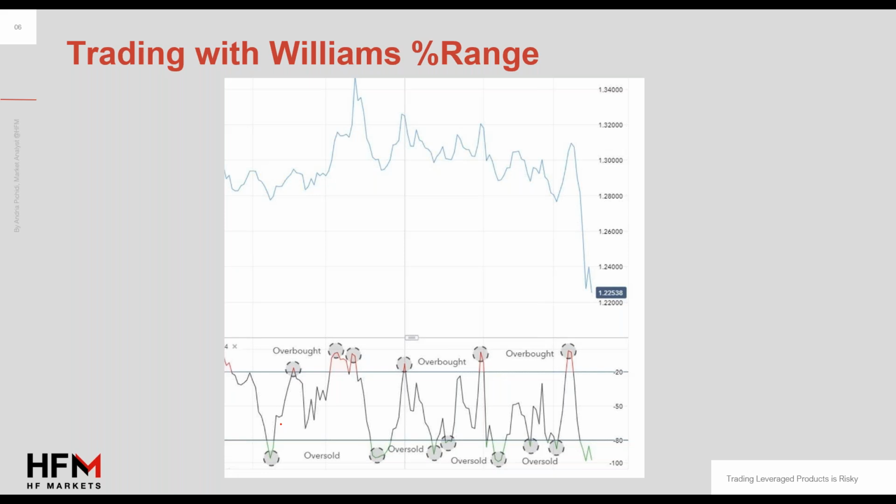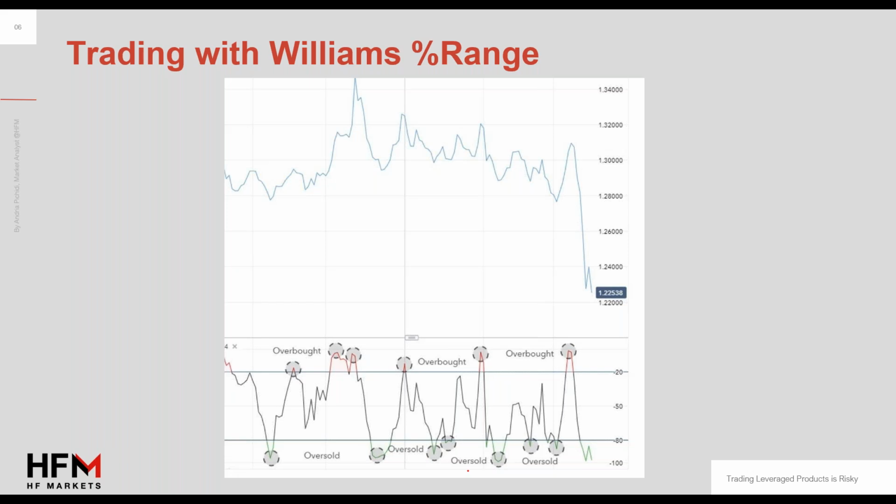Why? Because if the asset moves above minus 80, like here, a trader might assume that the price is currently bullish and there will be an upward rally. So in this case, you could go long and speculate on the price continuing to increase.